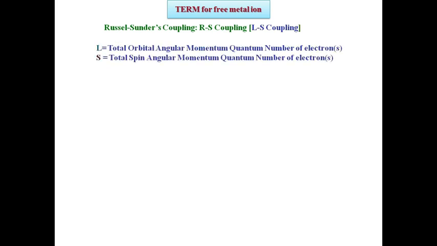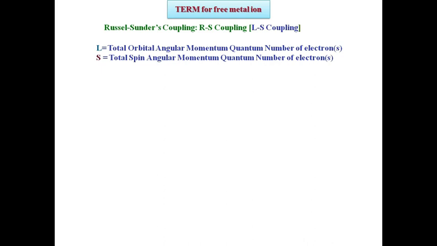How can the term and symbol be obtained for a particular electronic system? LS coupling is the suitable phenomenon for finding the term, the energy state. As we know, capital L explains the total orbital angular momentum quantum number of electrons, and capital S is the total spin angular momentum quantum number of electrons.